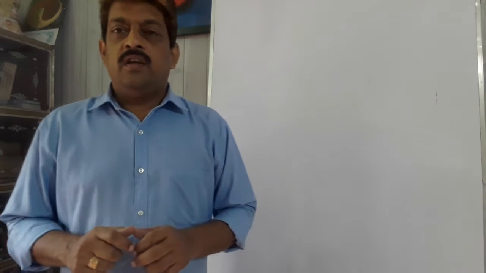Here is Pradeep sir again with another session of compound interest from class 8 mathematics. In this session, we'll learn about calculating the compound interest when the rate of interest is compounded annually but the time is a fraction, like time is 2.5 years or time is 1 year and 3 months.